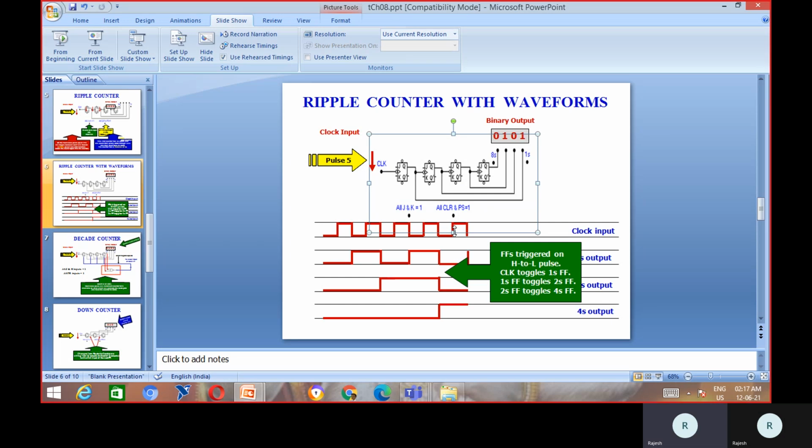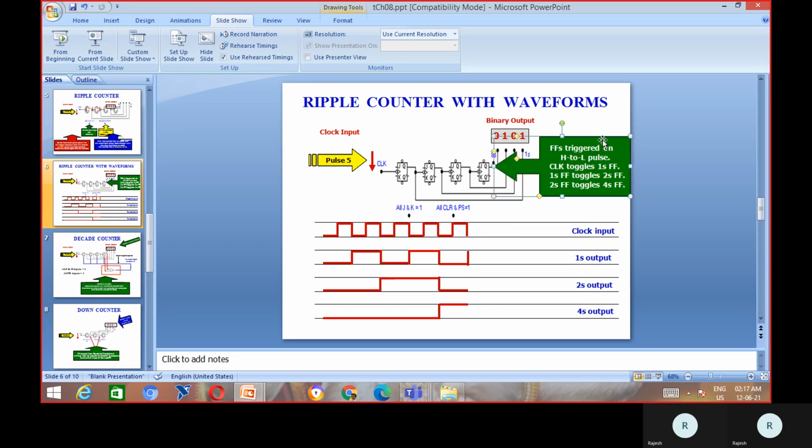So for a clock input, whenever there is a high to low transition, the output of each flip-flop varies from 0 to 1.